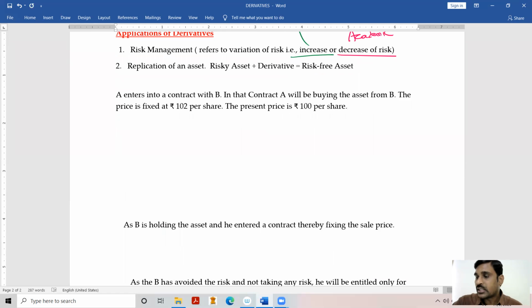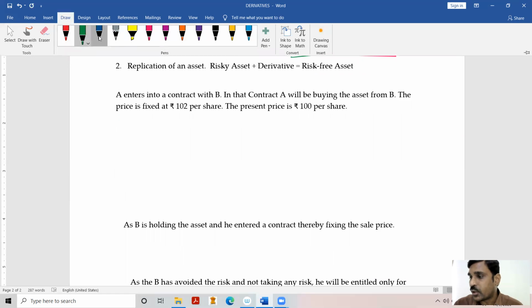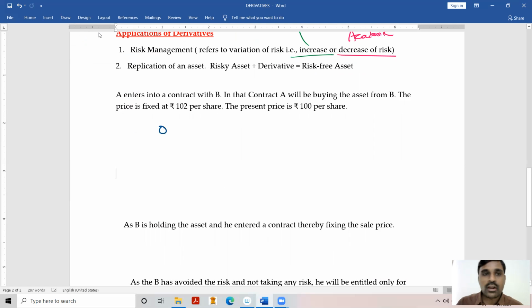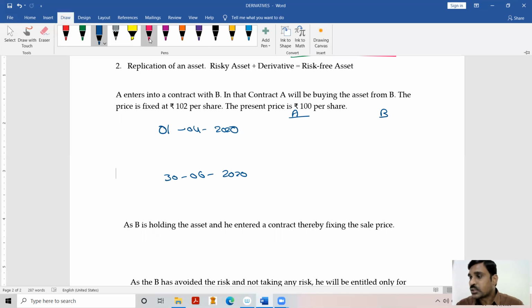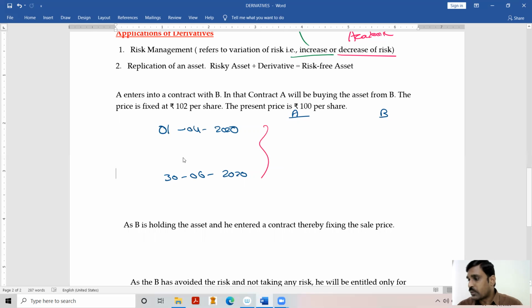Say, for example, the contract duration is 3 months. In India we have a maximum contract duration of 3 months; that is the reason I'm taking only 3 months. So if you have a 3 months contract, say 1st April 2020 until 30th June 2020, look at the position of A and B during this period.